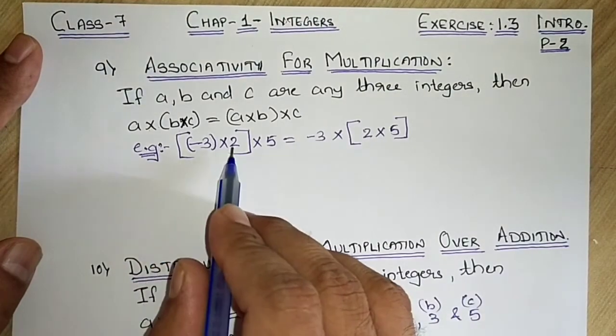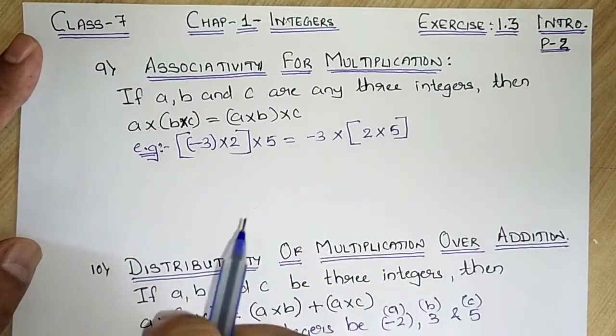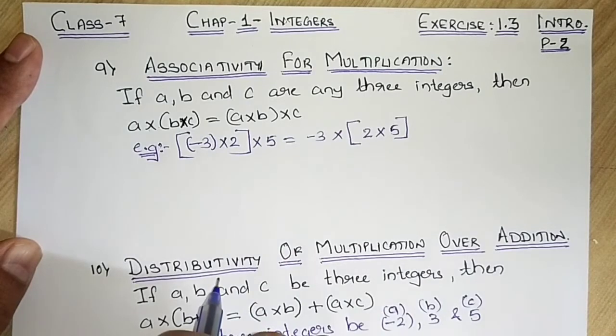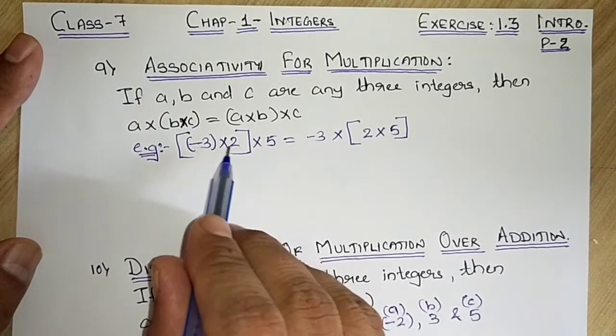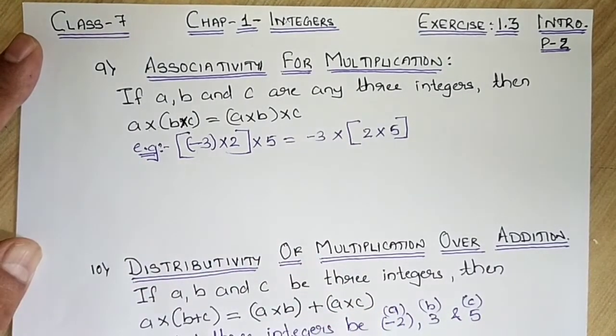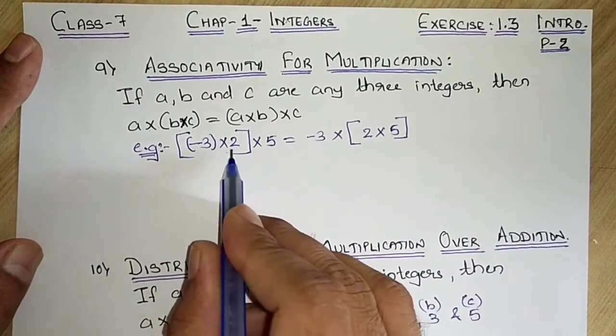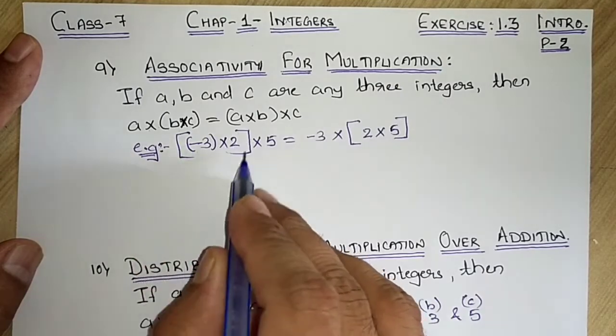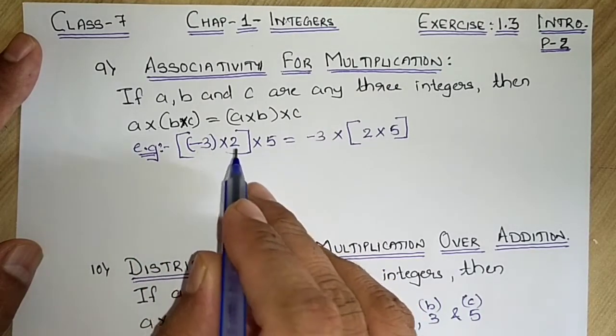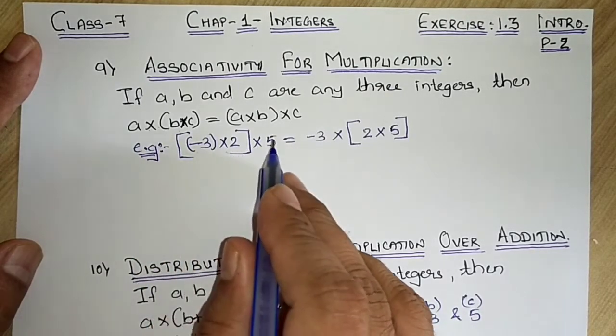-3, 2 and 5 are 3 integers we have taken and we are doing multiplication with these 3. First I have taken first and second, I grouped them, I am multiplying them, and the resultant answer I will multiply with 5.